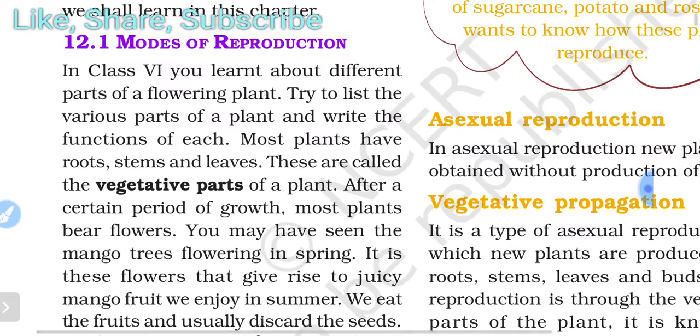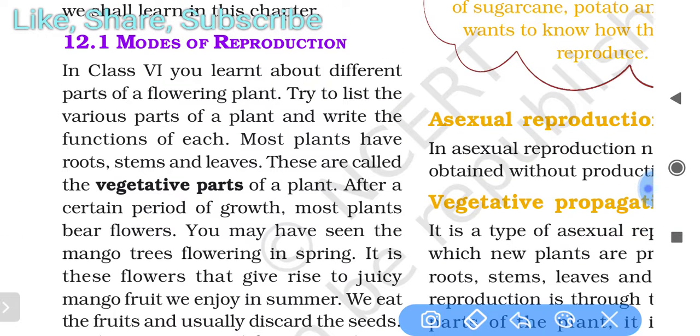You must have read about the sepal, petal, calyx, corolla, androecium, gynoecium. So you have to say like this. And you have to try to list the various parts of a plant and write the function of each.